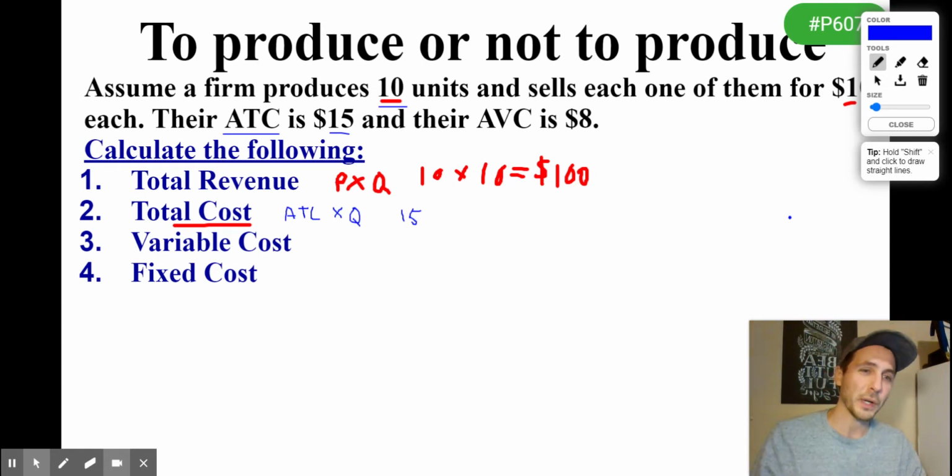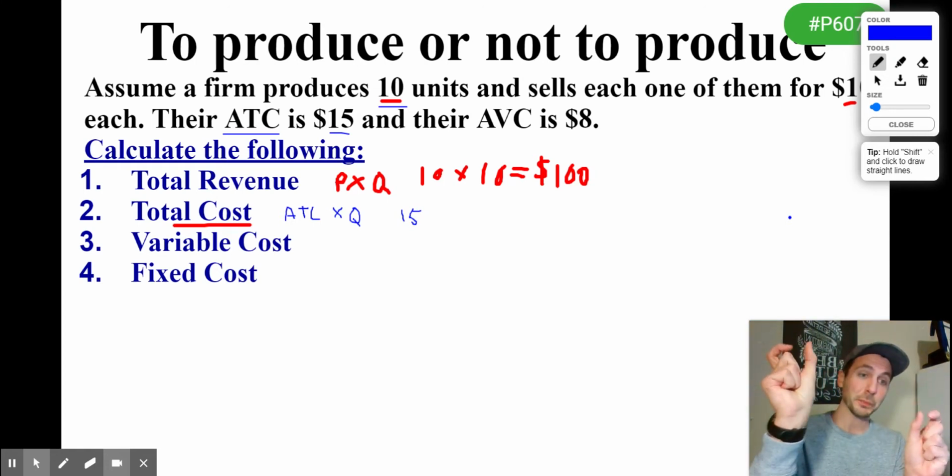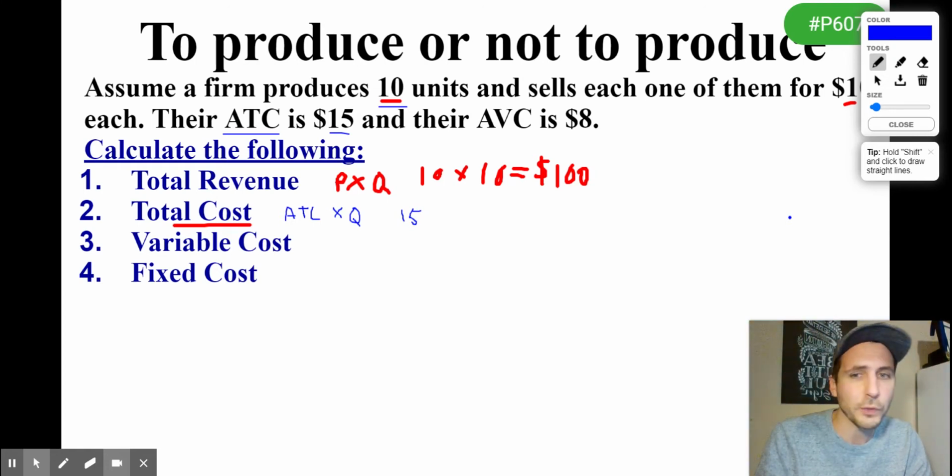Just like if this was on a graph, I'd take my average total cost times my quantity, be a box, right? The area. We're doing the same thing to take an average and create a total out of it. So 15 times my quantity, 10, is $150. That's my total cost.